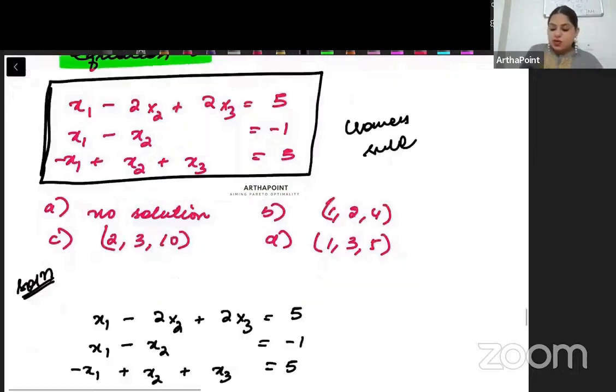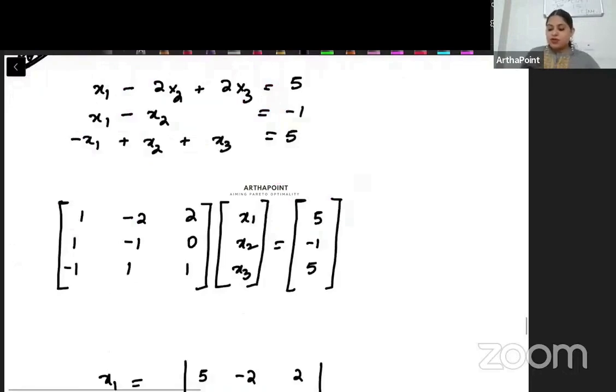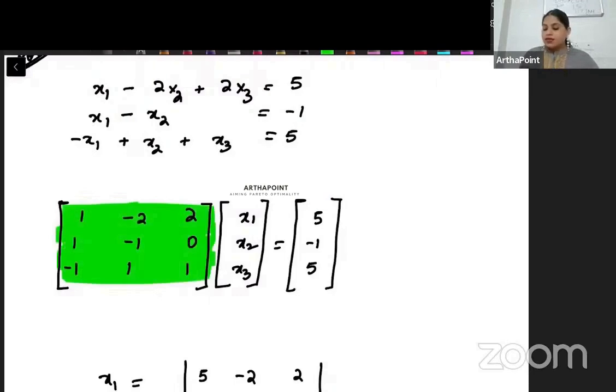Its coefficients are 1, 1, minus 1, minus 1, 1, 1, 0, x3. So if I have to make a matrix format out of it, I will get this. This is my matrix by writing down all the coefficients, right? This is x1, x2, x3, and this is the right hand side.